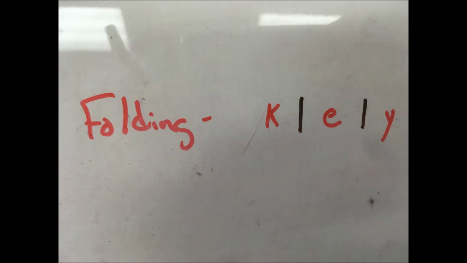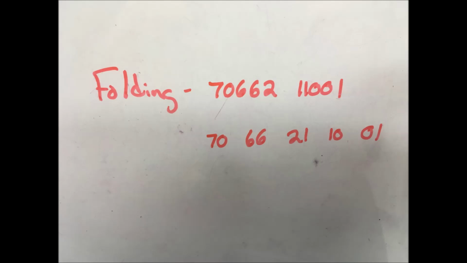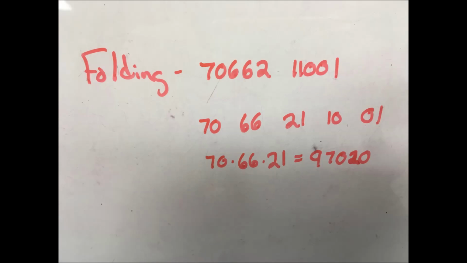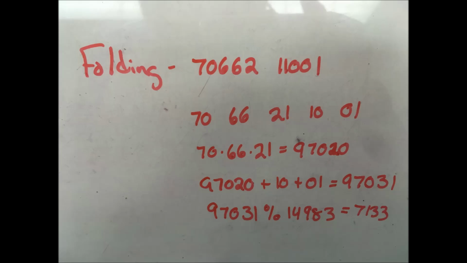Folding. The key is divided into several parts, each of which is combined and processed to give an address. For example, if this is the barcode, first group into pairs. Then multiply the first 3 numbers together. Add this number to the last 2. Then take the remainder of modulus division by 14,983, which is the largest prime number less than 15,000.